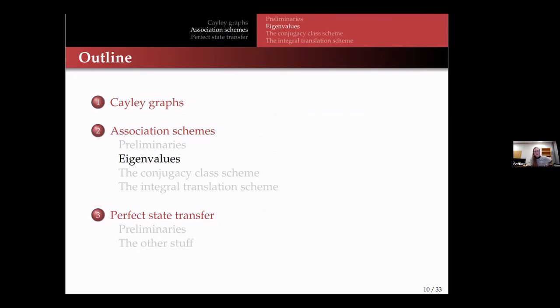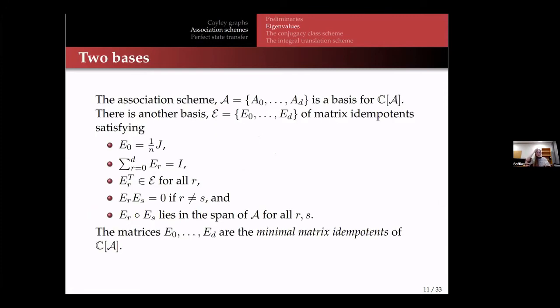Okay. Now we want to define eigenvalues for an association scheme. And to do that, we're first going to define another basis. An association scheme always has this 0-1 basis, so the script A is a basis for the algebra. But we actually have another basis of matrix idempotents. We're going to call that basis E, and its matrices are E0 to ED. And they satisfy the following. E0 is going to be 1 over n times the all ones matrix.